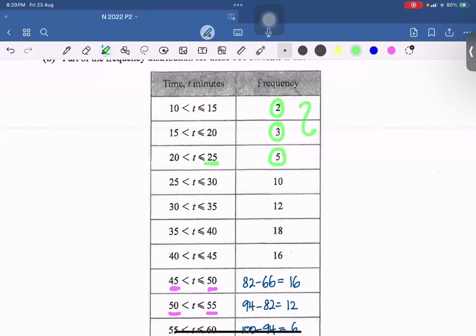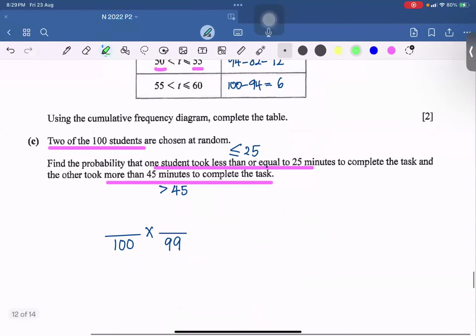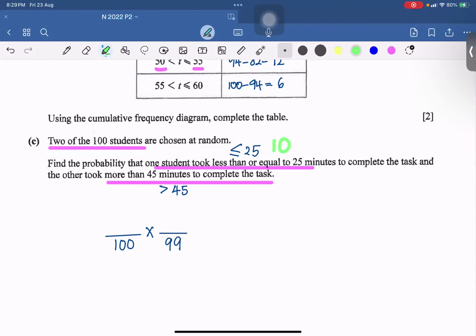So 2 plus 3 is 5, 5 plus 5 is 10. Total is 10. They want all these intervals over here, so for the first person I have 10 of them to choose from.